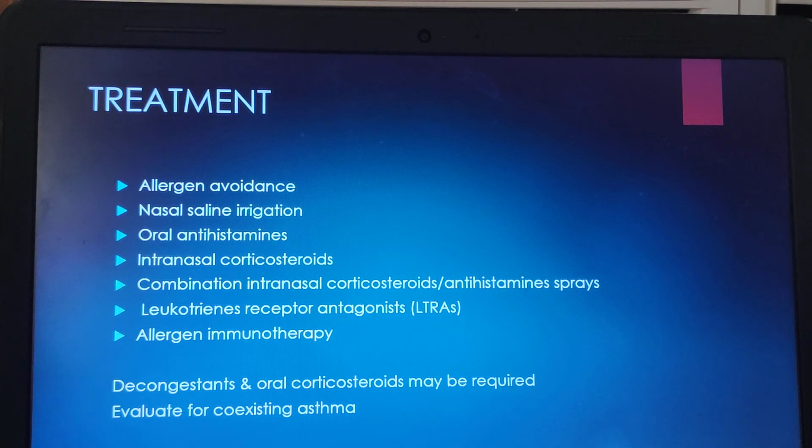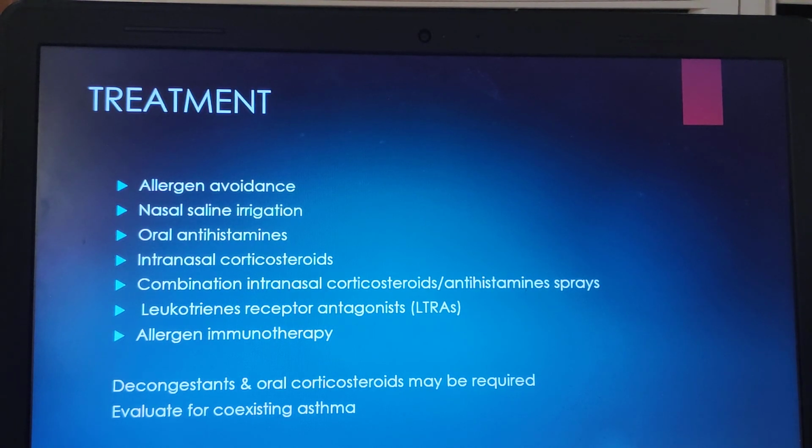And finally, allergen immunotherapy, where a specific allergen is given to the patient for a prolonged period to develop tolerance against a particular allergen. The decongestants and oral corticosteroids may also be required in a few cases, but they are usually discouraged for long-term use.